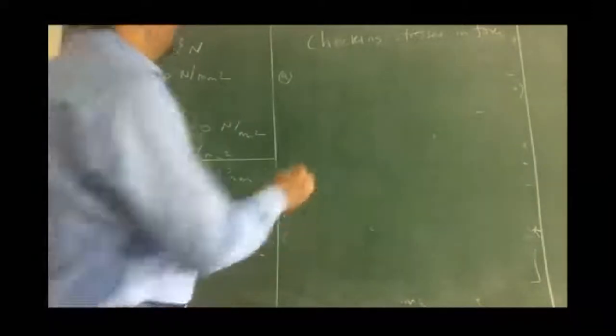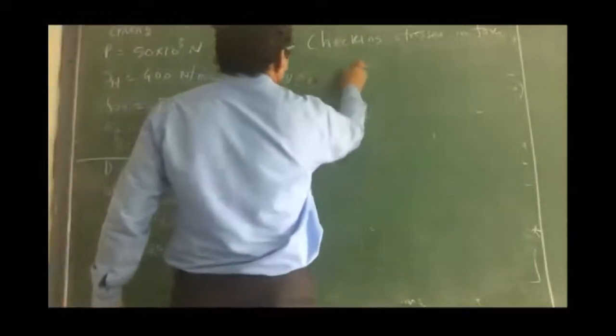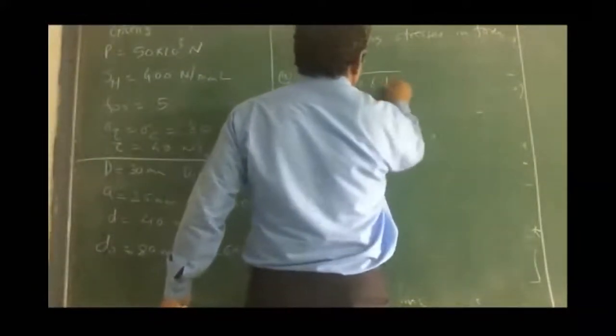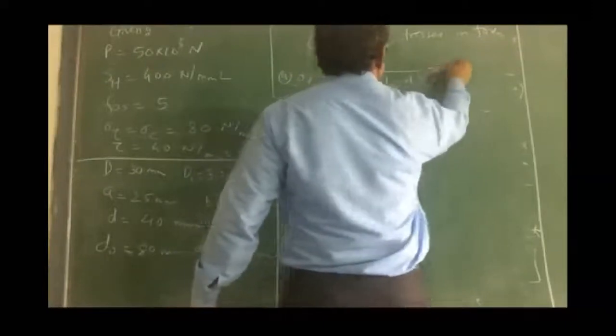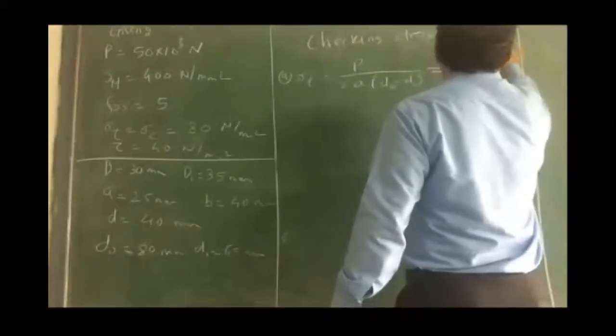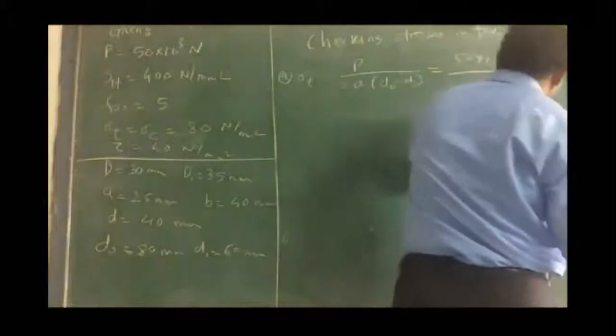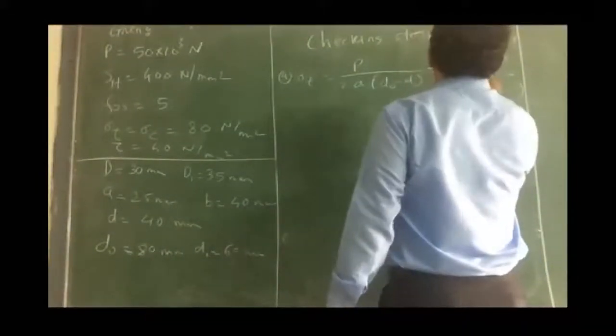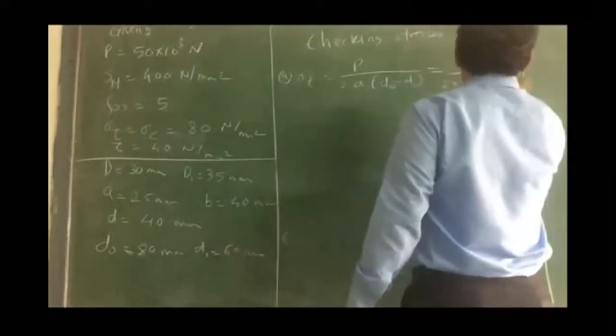Tensile, crushing and shear. So sigma T is equal to P upon 2A into (D0 minus D). P is 50 into 10 raised to 3. 2A is 25, D0 minus D is 80 minus 40.